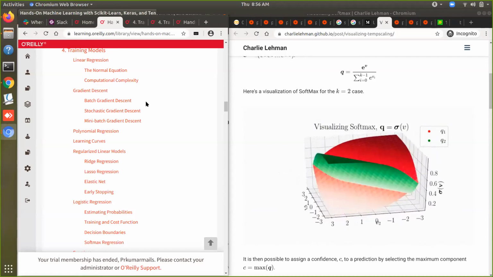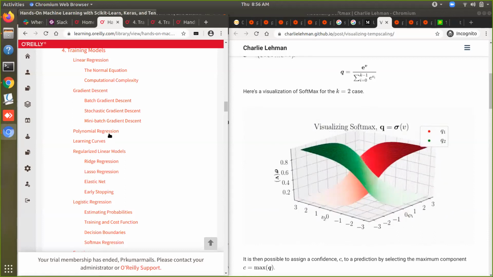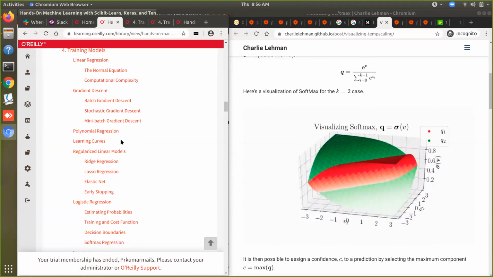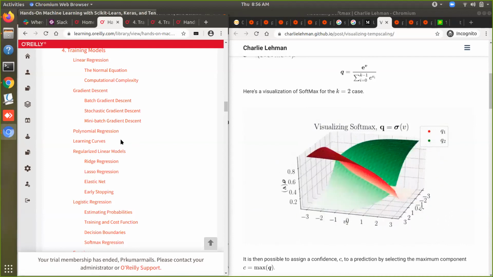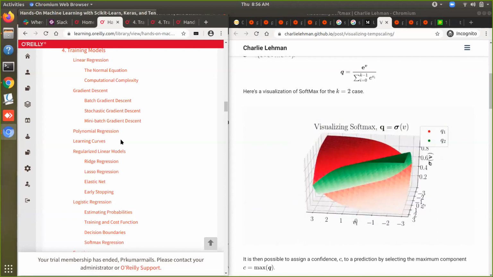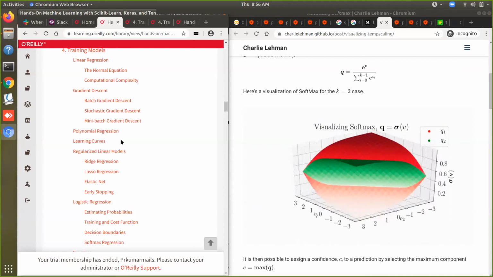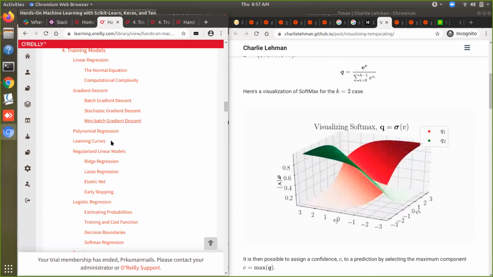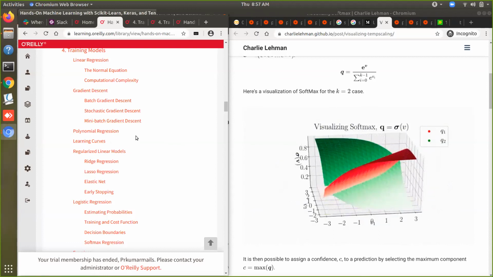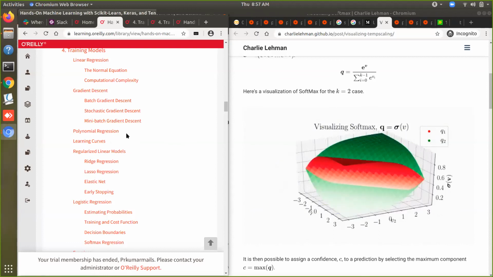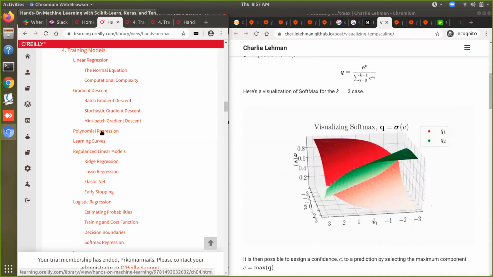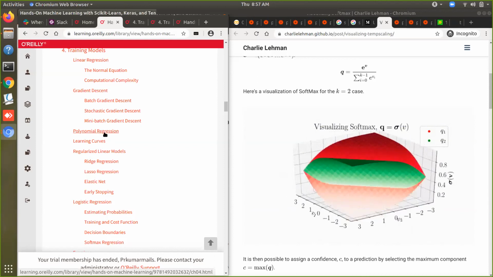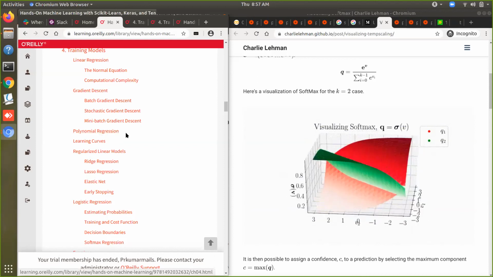Then the next one we have seen is polynomial regression. Instead of having the linear, we add synthetic features to the linear regression, which are higher degree terms of our existing features. Then we check whether our model predicts well or not, and accordingly decide the best way to represent our data. Then the next one is learning curves.